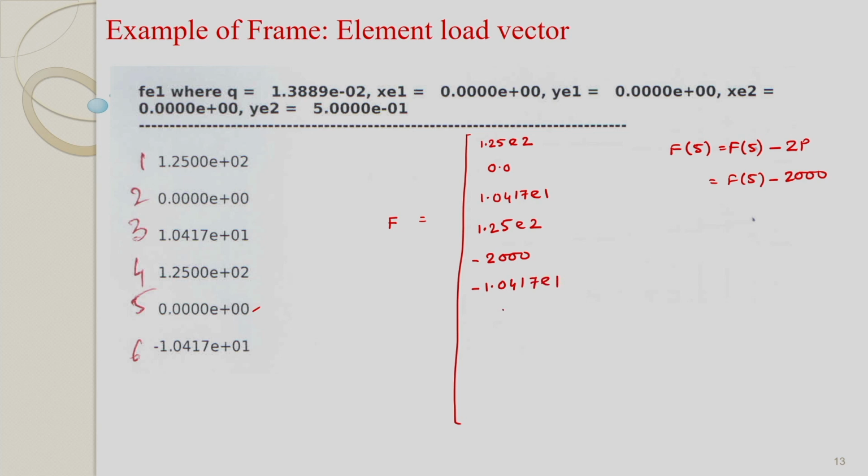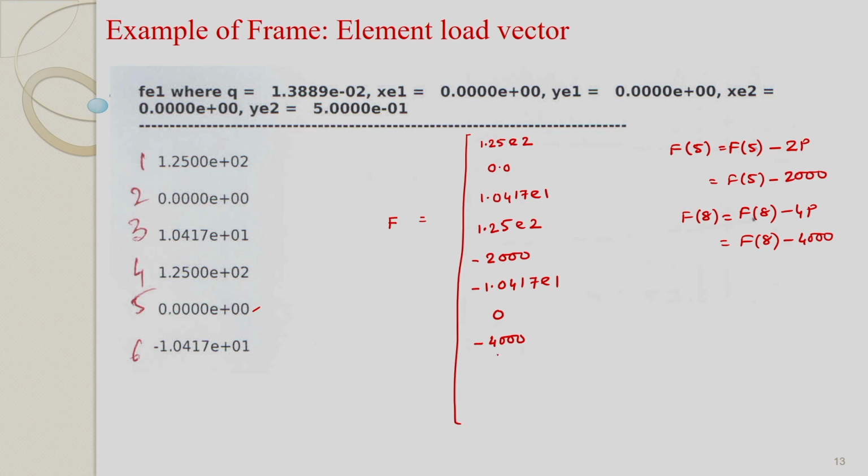Now, other than this, there is only one more point load, that is at F8, which is minus 4000. So, F7 will be 0, F8 will be minus 4000.